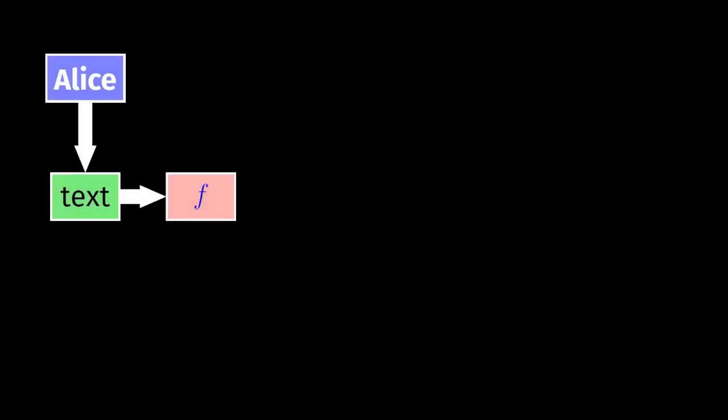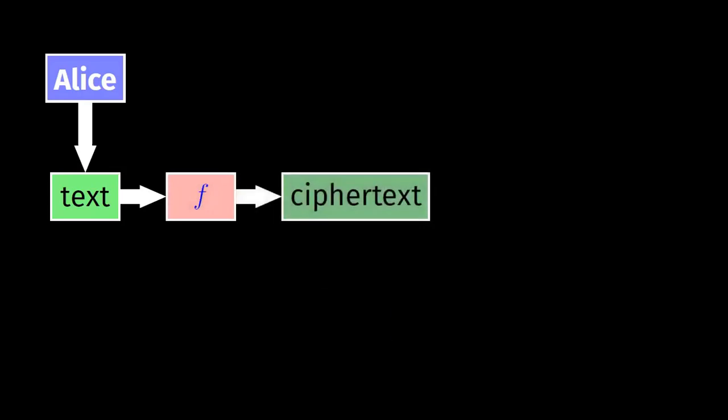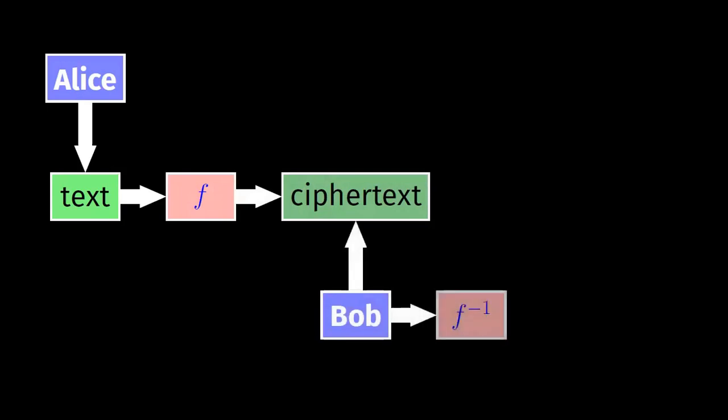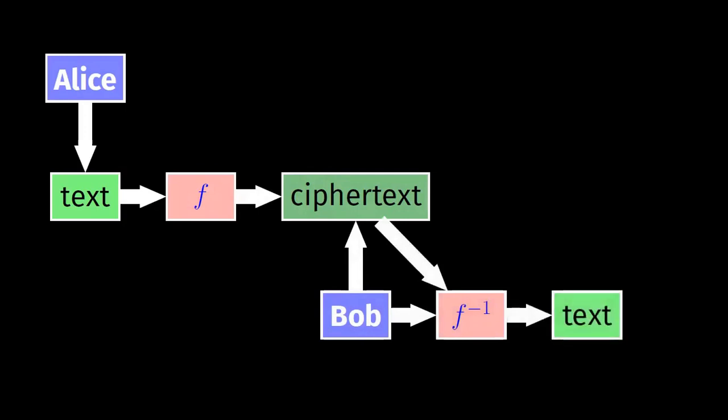Now, the whole process goes more or less like this. At first, we have Alice. She writes a text, she takes the function f, and she sends to Bob the hidden message called ciphertext. Bob receives the ciphertext, he applies the inverse function to the ciphertext, and in this way, he can recover the original message, here called text again.